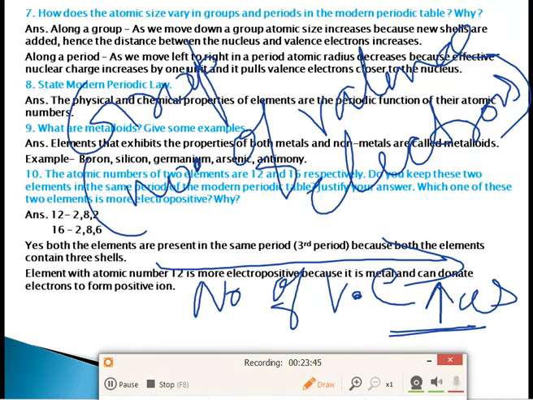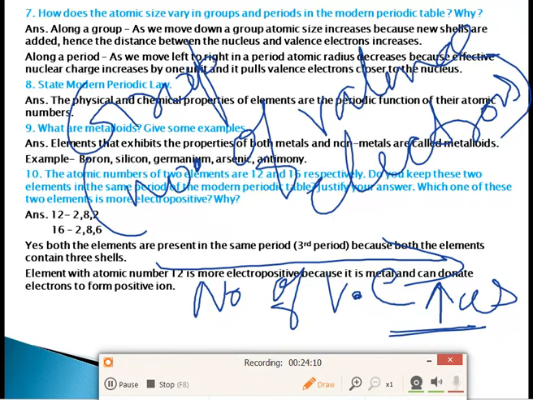When we move from top to bottom in a group, the number of shells increases. So, just opposite: in a group the number of valence electrons remains the same, but in a period the number of shells remains the same. In a group, moving from top to bottom, the number of shells increases, but in a period, moving from left to right, the number of valence electrons increases. So that is the difference between group and period.